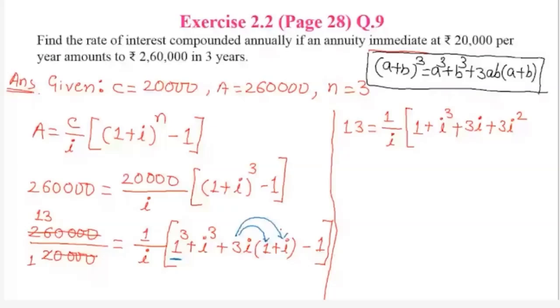Is the bracket totally over? No, still there is minus 1. Can you see at the end there is minus 1? Still minus 1 is left. So minus 1, and now square bracket close. Dhruv, is this step clear?